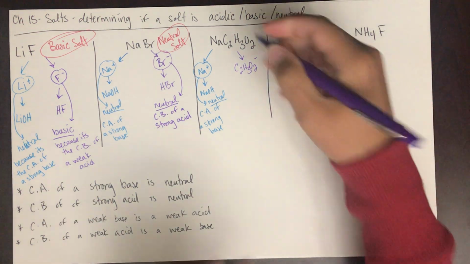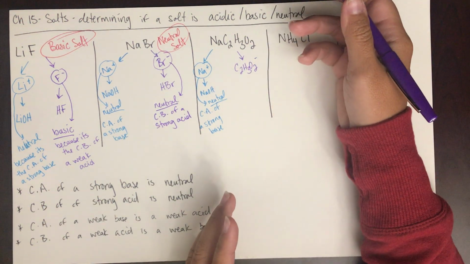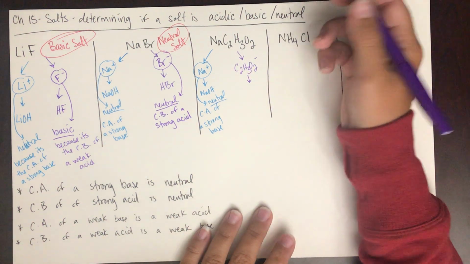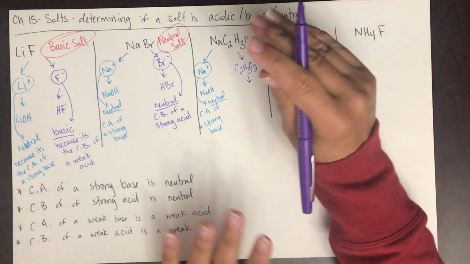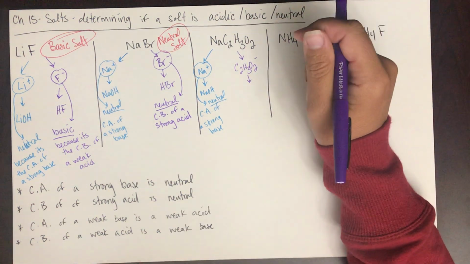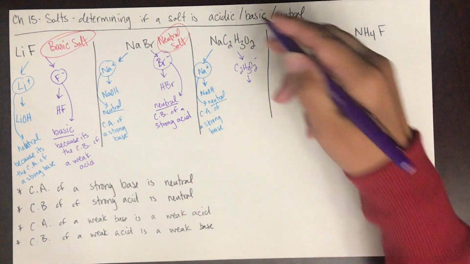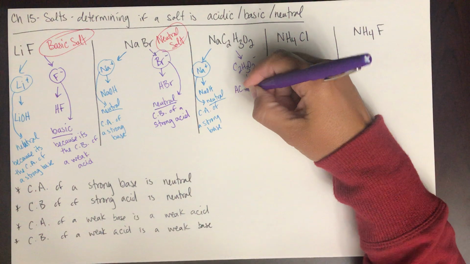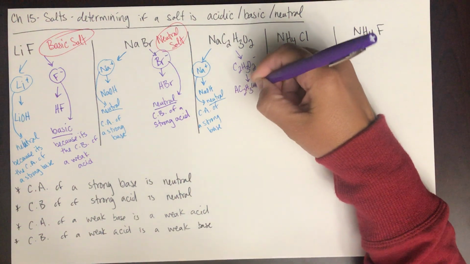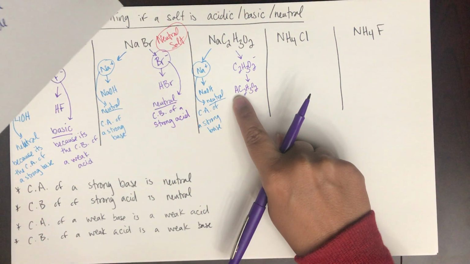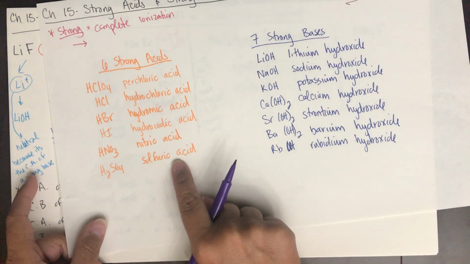So now let's look at this acetate ion. You don't need to know anything about this. The acid that it would have come from is acetic acid, but you don't need to know that. You do not need to be looking up these formulas or the names. Whatever the acid, remember the acidic proton goes out in the front, so it would be HC2H3O2. That's an H, not an A. This is not one of the 6 strong acids.